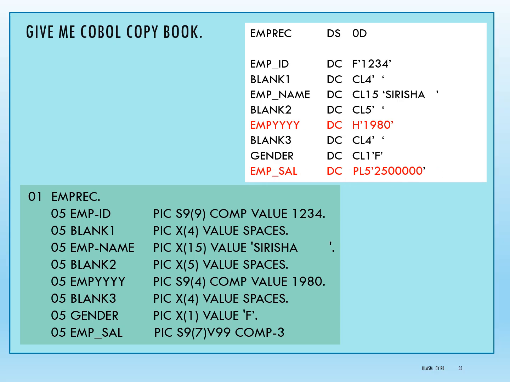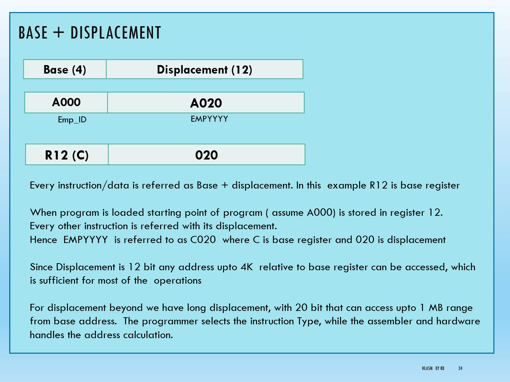So let's move on. Let us solidify this concept of base plus displacement. As I explained, base emp id is starting at triple zero and emp y field is at A020. So let us assume that we have just loaded this record into the register. That means A00 is the starting point. So the register will say, okay, I'm at point 0.